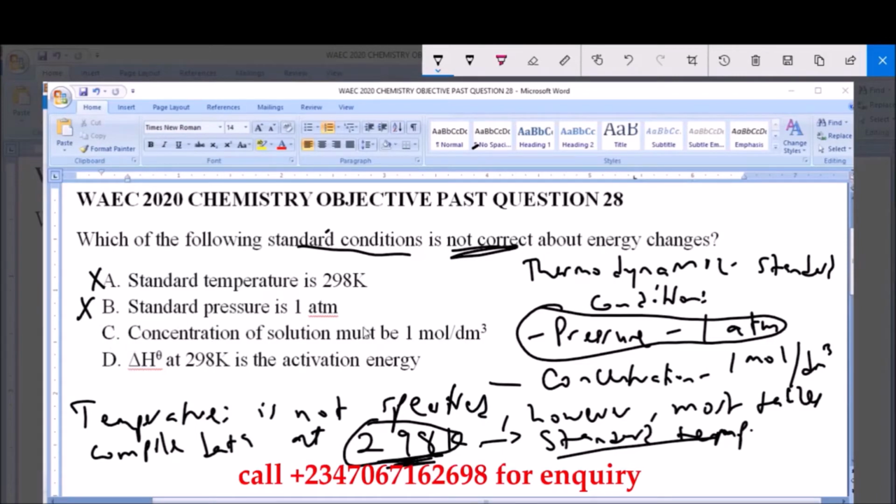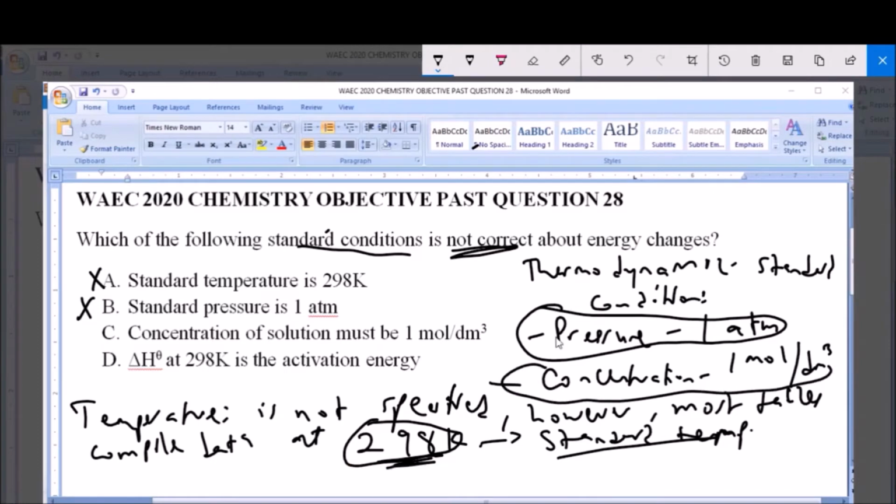Now, concentration of solution must be 1 mole per dm cube. Standard concentration we have also seen as 1 mole per dm cube, so this is correct as it relates to thermodynamics, so it cannot be the answer to this question. And then lastly, you have enthalpy at 298 Kelvin is activation energy.